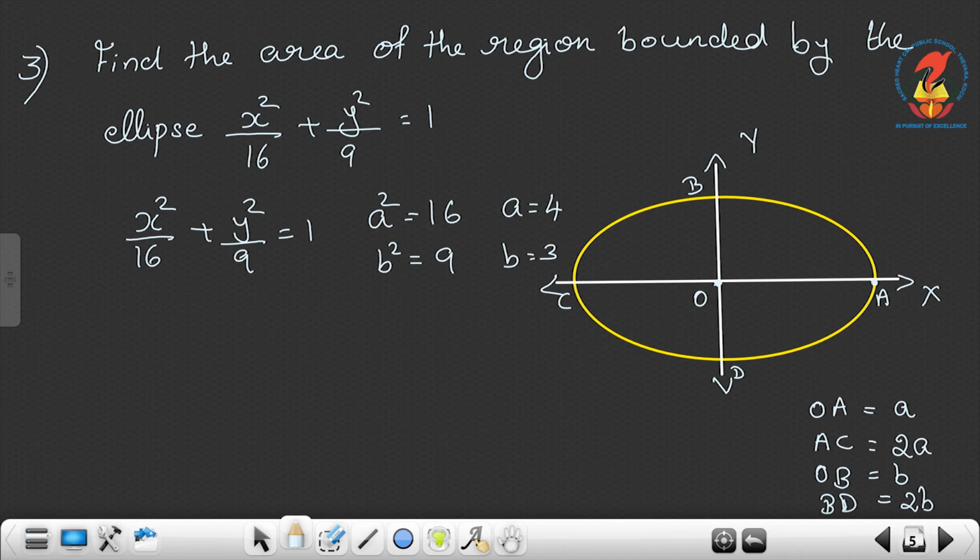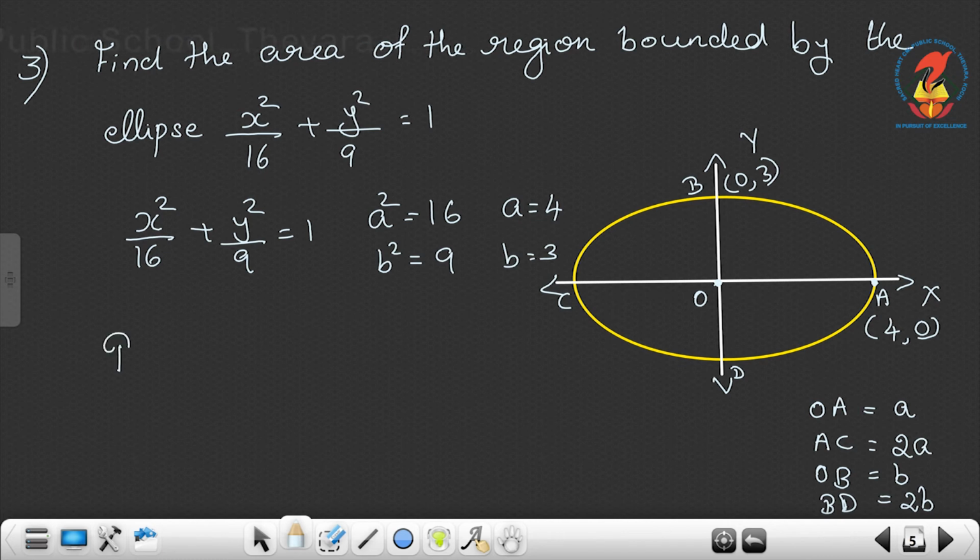So what is A's coordinate? That is (4, 0), isn't it? This much length is 4 units. And what about B? B is on y axis. So first coordinate 0, then y coordinate is 3. Okay.